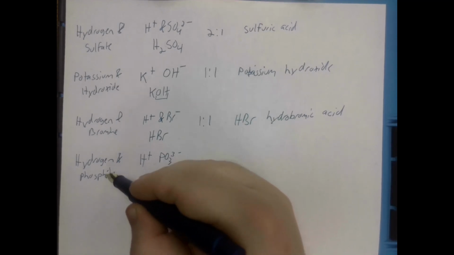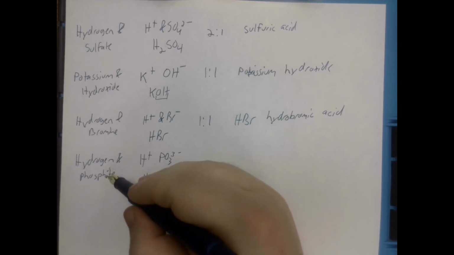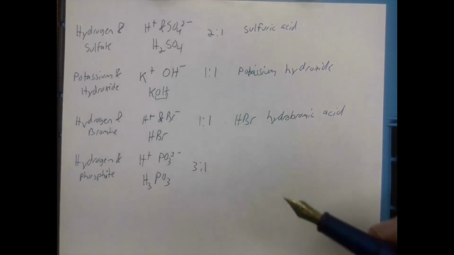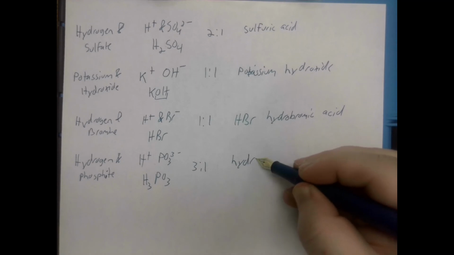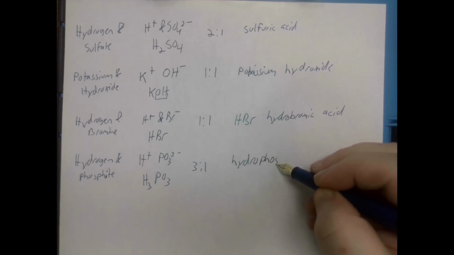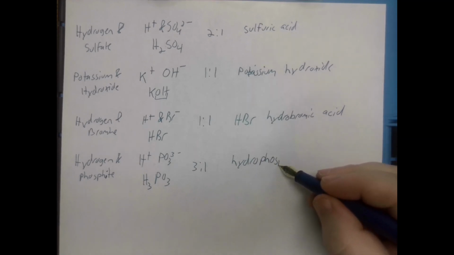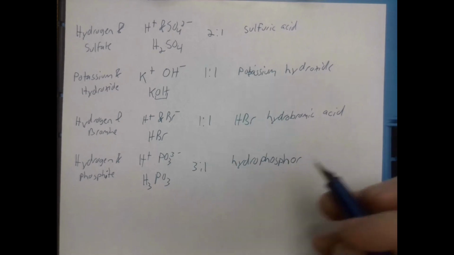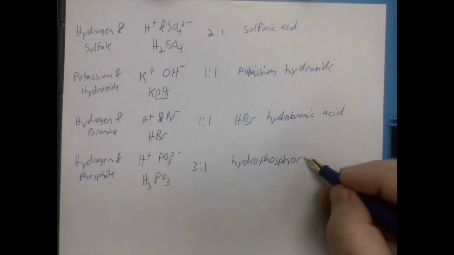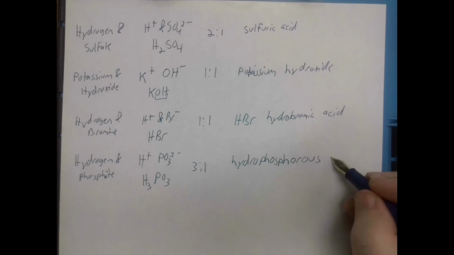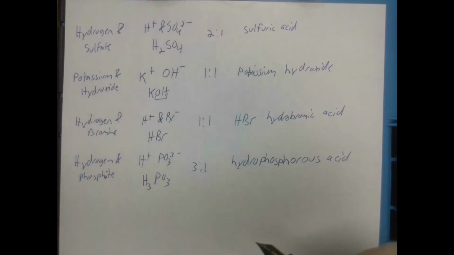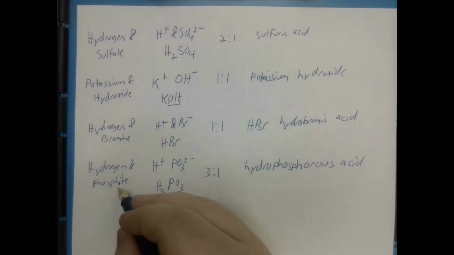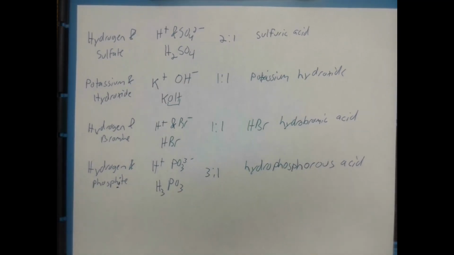So for ite, we do the opposite when converting it into an acid. So this would be hydro-phosphor. It's ite, so we do ous. If it's ate, then we do ic. I like remembering that we do the opposite.